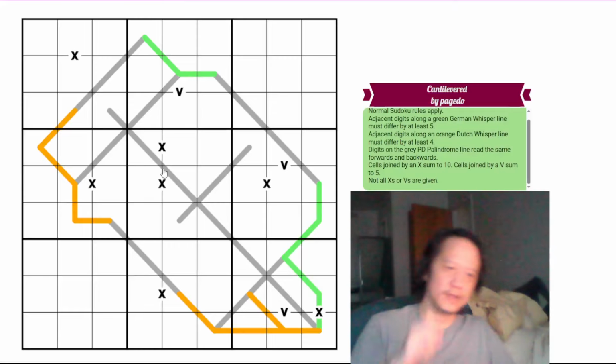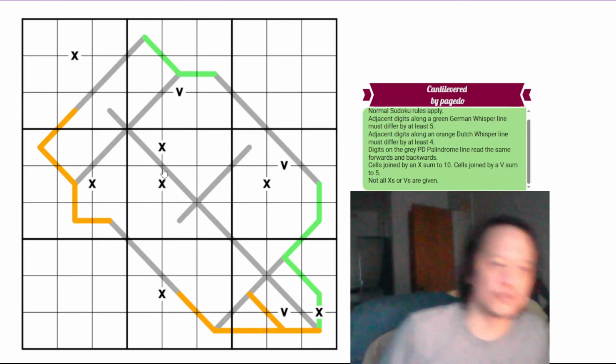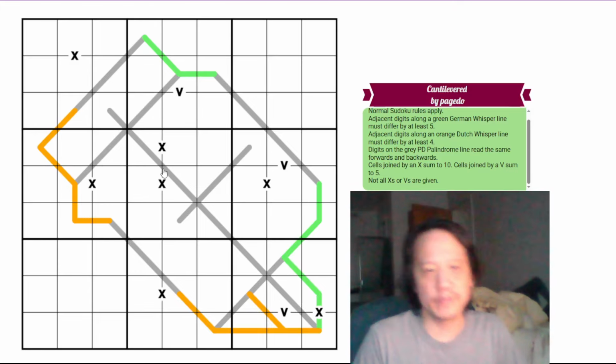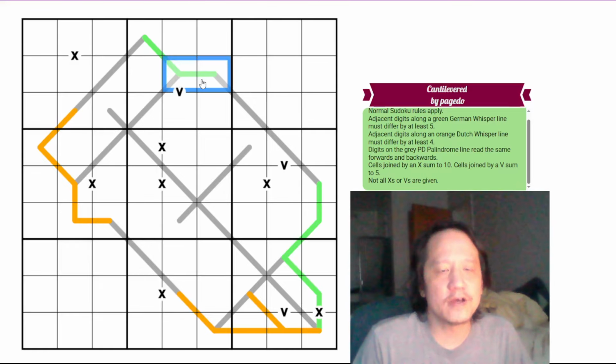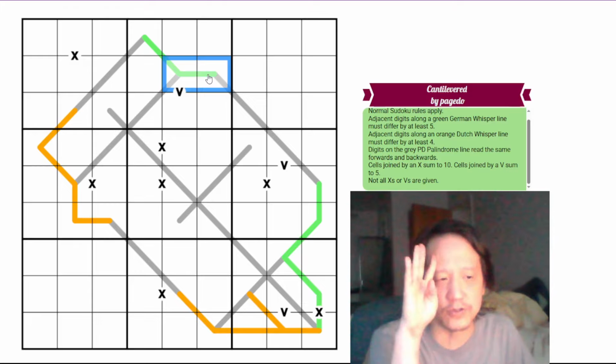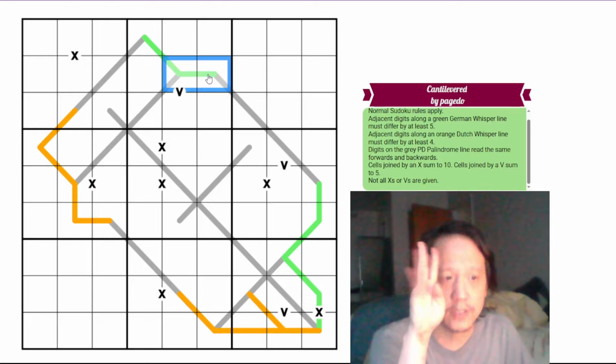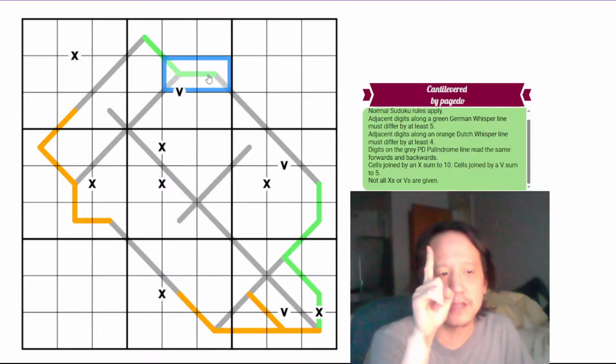Okay. So along a whisper 5 line, as I'd like to call them, you have to have low digits next to high digits, because what digits can be next to the low digits, which are 1 through 4? Well, 4 can be next to 9, 3 can be next to 8 or 9, 2 can be next to 7, 8, or 9, and 1 can be next to 6 through 9.